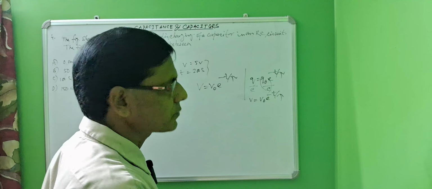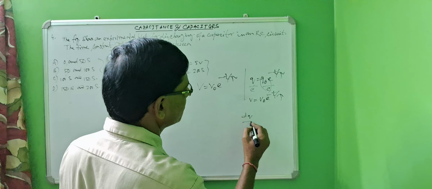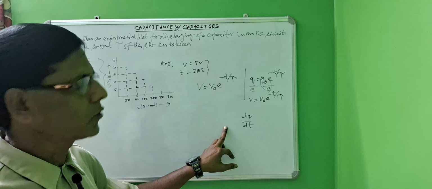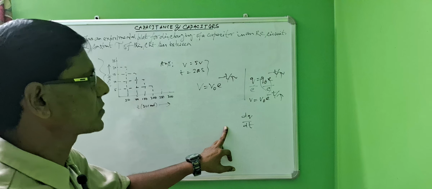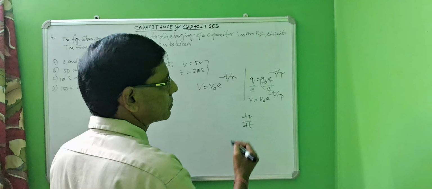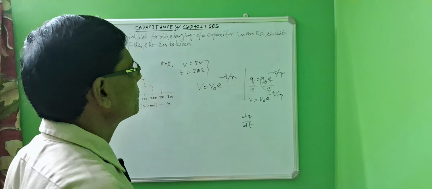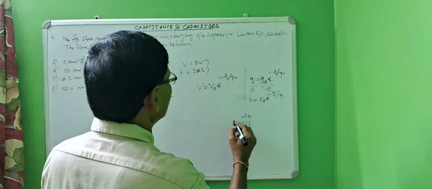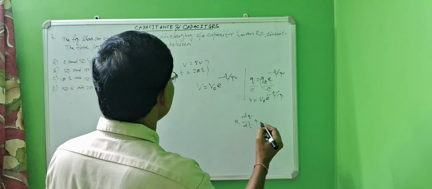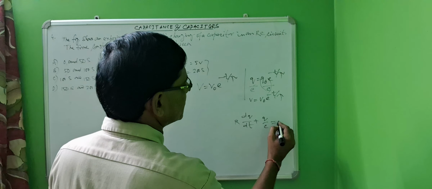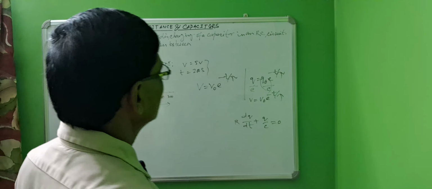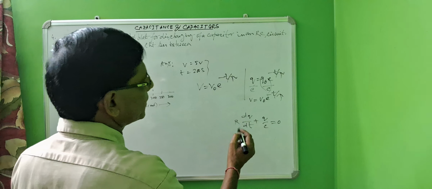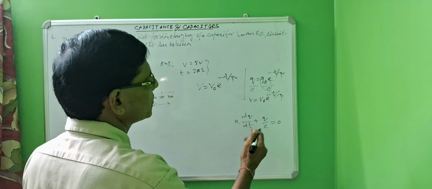And why this comes, then you can write dq upon dt, which is the current I. In the circuit for discharging, R dq by dt, that is Ri plus q by c volt, equals 0.